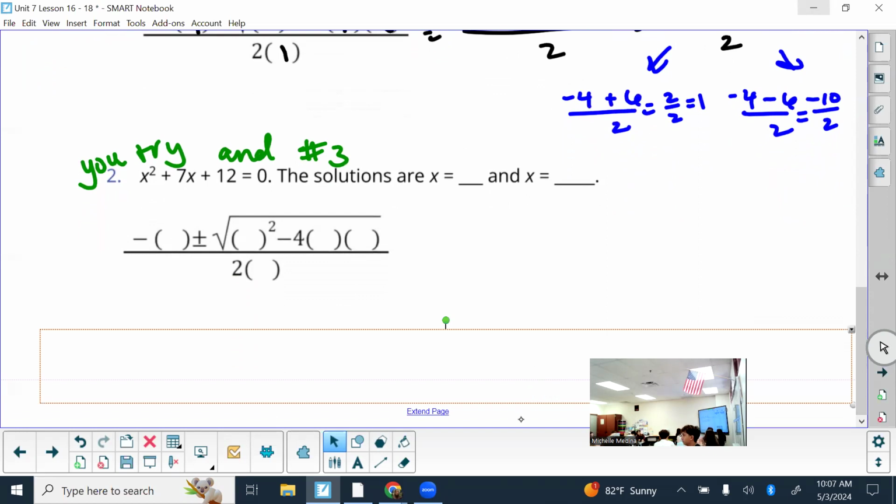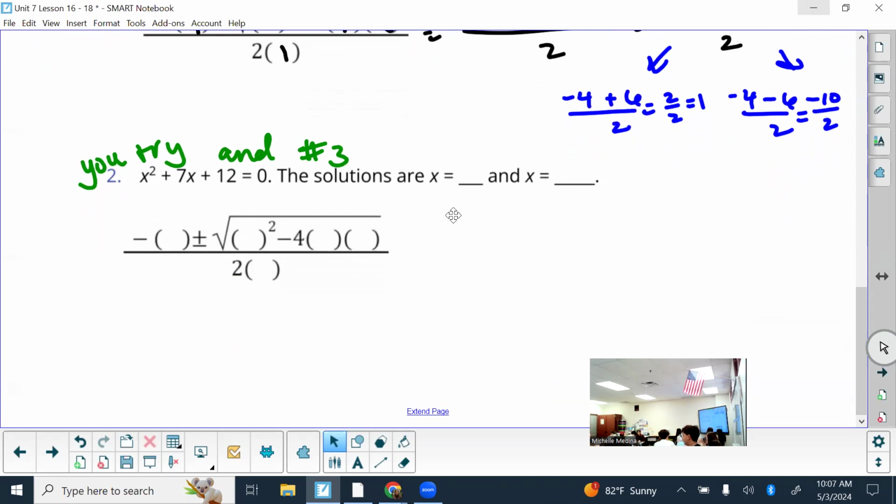Table 3. Well, first tell me, is this in the correct form to be able to solve by quadratic formula? Do I need to do something to that first? Okay, it is correct. It's in standard form, set equal to 0.